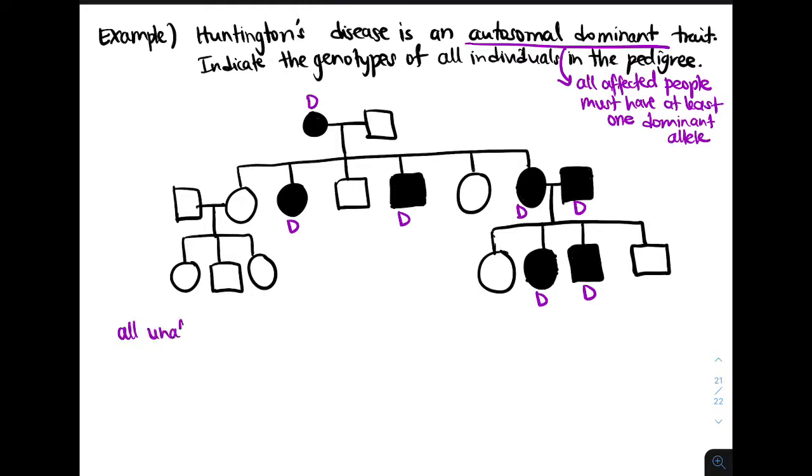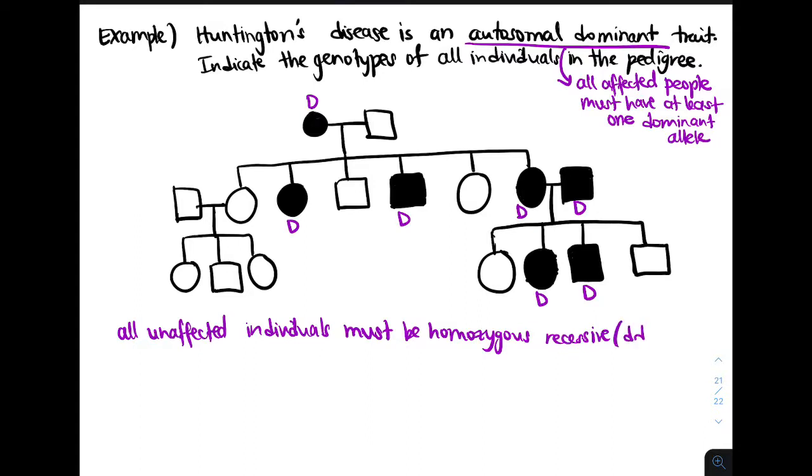Once we've done that, we also know that all unaffected individuals must be homozygous recessive. And this is because if they had even one dominant allele, then they would show the trait. So if they had even one big D allele, then they would show the trait.